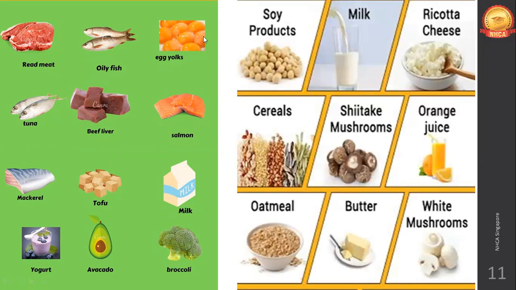And then some of the other, more vegetarian options: soy products, all of the soy products, milk, cheese, ricotta cheese, cereals, shiitake mushrooms, orange juice, oatmeal, butter, white mushrooms.